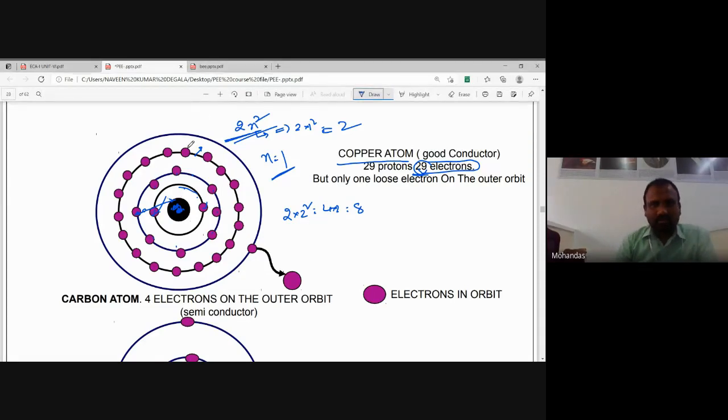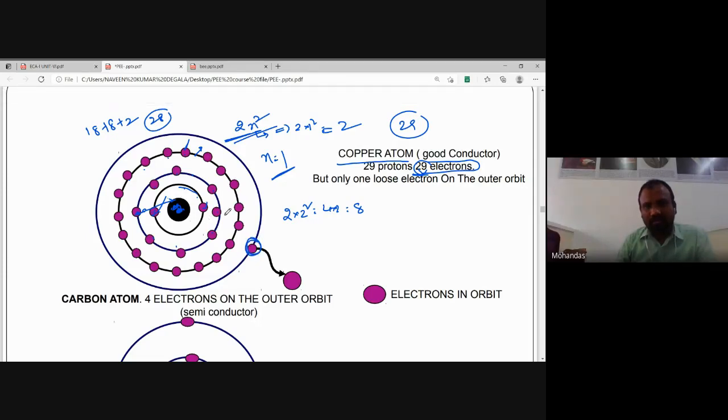So there will be 18 electrons. Now, totally the electrons here are 18 plus 8 plus 2, only 28 electrons. But in a copper atom, how many electrons are there? 29 electrons. So 1 electron will be revolving in the fourth orbit.